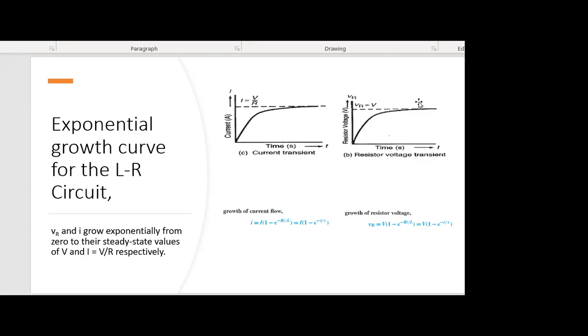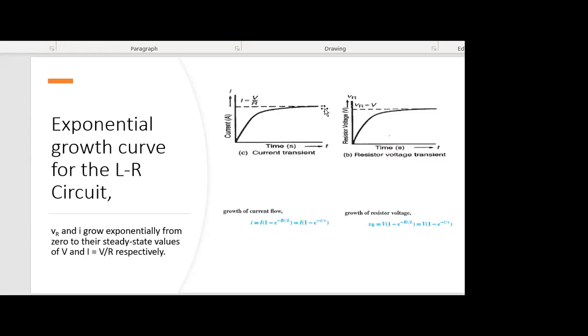So when we look at the equations, you see that we have the steady state condition here and the exponential, the change in time.